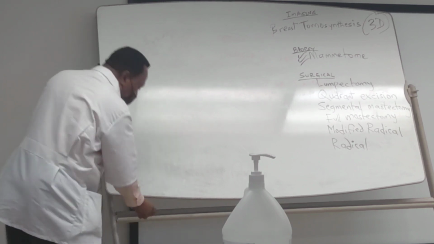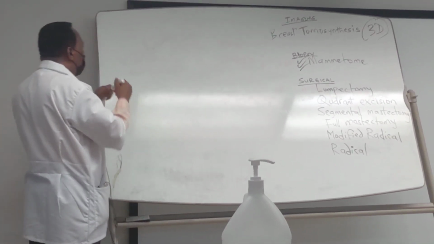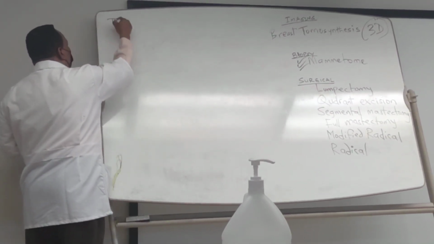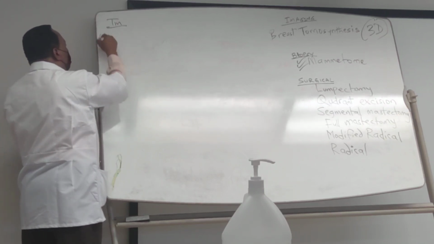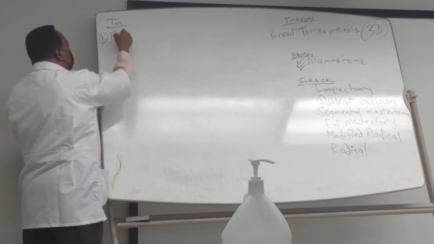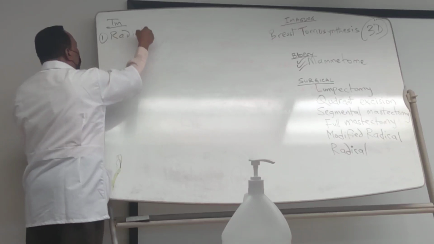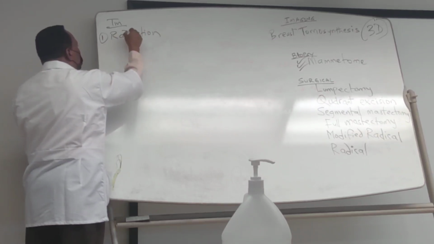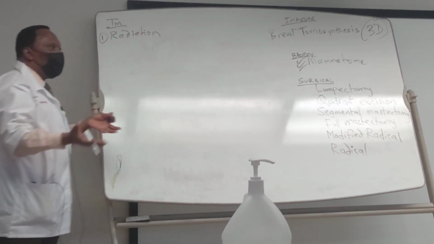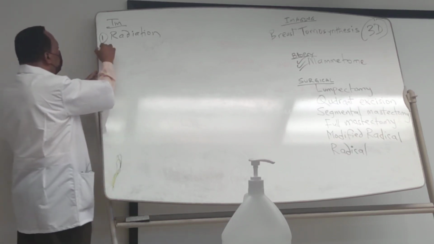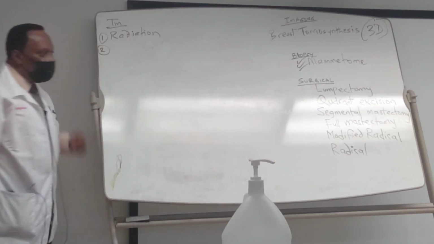And in terms of treatment, you have three modalities of breast cancer treatment. One, of course, would be radiation. You can use radiation to kill off some of those breast cancer cells.